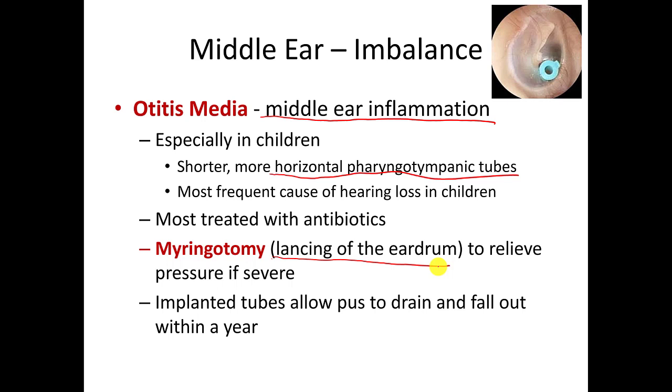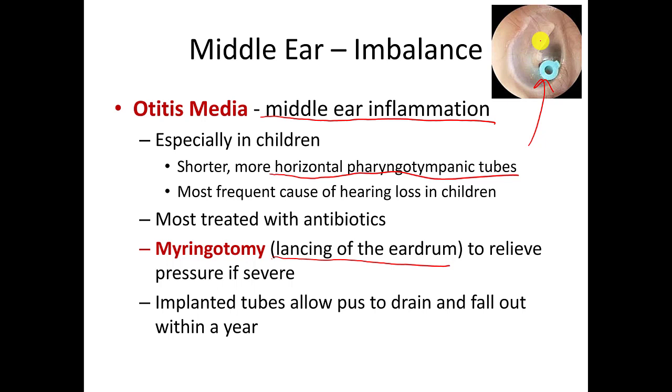So instead, now what we do is ear, nose, and throat doctors, if children are having constant repeat ear infections, they'll put in tubes. So if you've ever heard of a child having tubes put in their ear, you are looking through the ear canal, and you can see this clear film in the background.